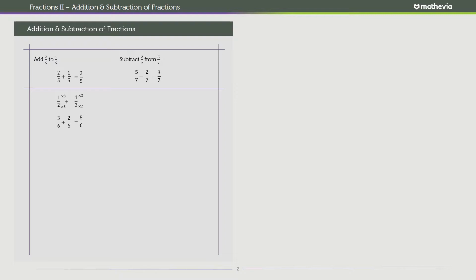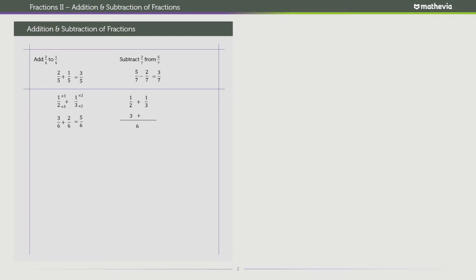Now, another way to do this, just like we did in the lesson for equivalent fractions, is to find the LCM, okay? So we find the LCM of the denominators to get the common denominator, and for 2 and 3 we have 6, okay? And then we say 6 divided by 2 is 3, 3 times 1 is 3, so write 3 here, okay?